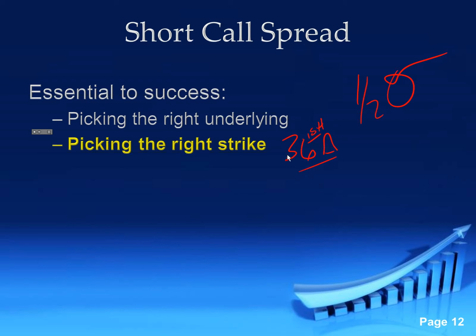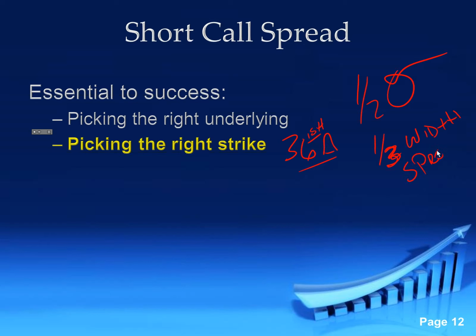A lot of times, though, we might have to move slightly inside of that with a slightly higher delta. But ultimately, we want to make sure that we are collecting 1/3 the width of the spread.